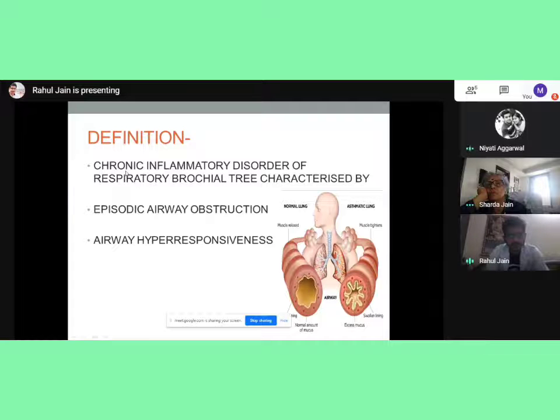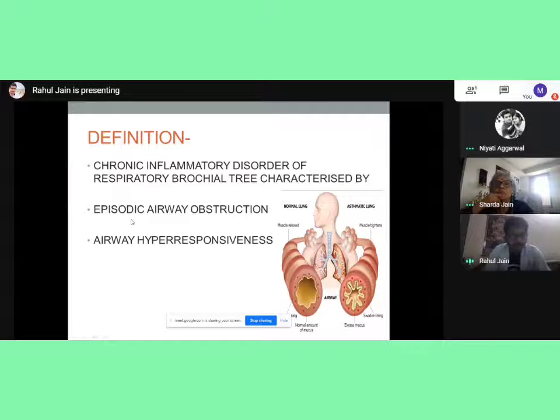The first is, it's a chronic inflammatory disorder. When we talk about asthma, it is an episodic airway obstruction. Since it's an episodic airway obstruction, whenever the patient has attacks, he will be symptomatic, but in between the attacks, the patient will be normal.